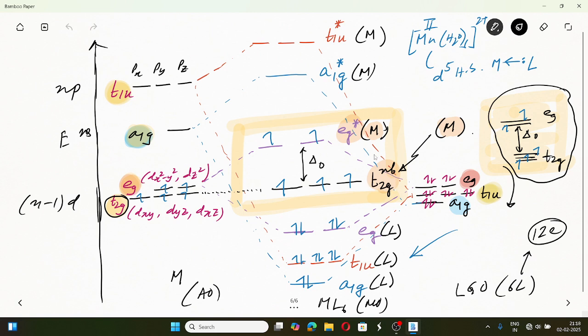And we have observed that the result is similar to that of crystal field theory. We are getting similar results. That is why by using the simplified crystal field theory, we are getting some good results.